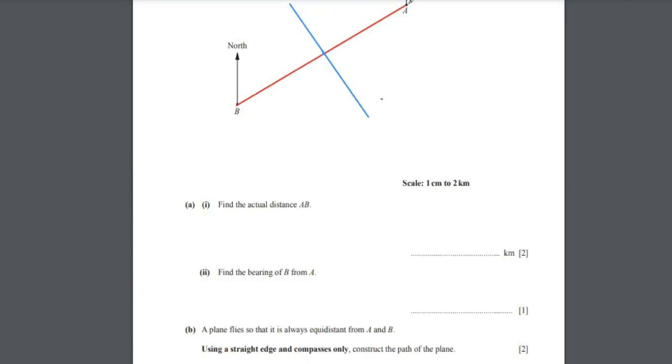You will put the compass over here, and you will draw an arc over here like this, and then you will put the compass over here, and you will draw an arc over here like this, and similarly you will do the same thing over here. Put an arc like this and an arc like this, and join these two points, and by this method you will have a perpendicular bisector. This is known as a perpendicular bisector. Okay.